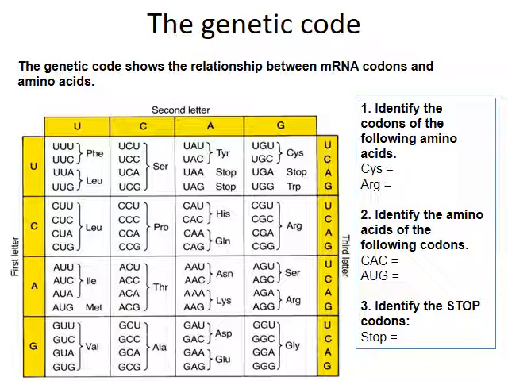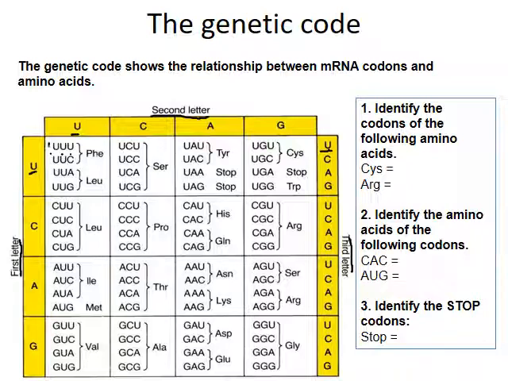On the left-hand column here, we've got the first letter of the codon. Across the top, the second letter of the codon. Down the right-hand column, the third letter of the codon. So let's say, for example, the mRNA strand at the ribosome is reading the codon U, U, U. U is the first letter, U is the second, U is the third.